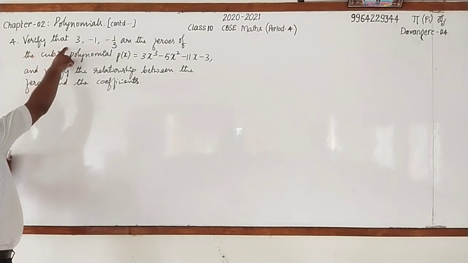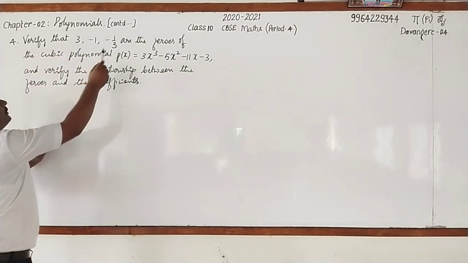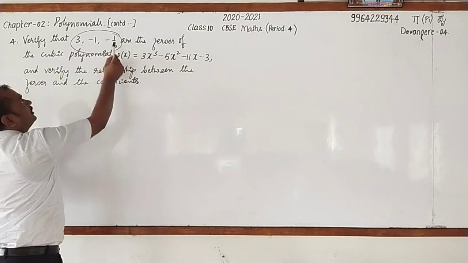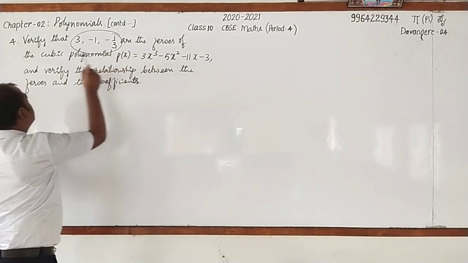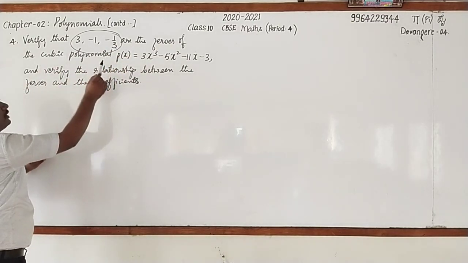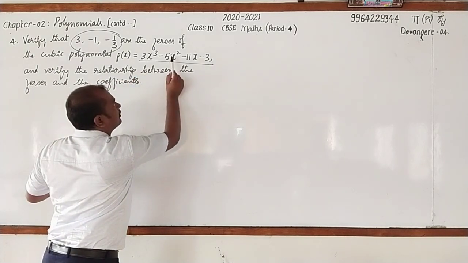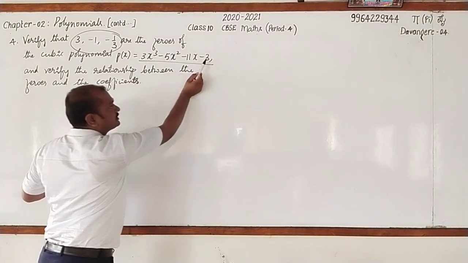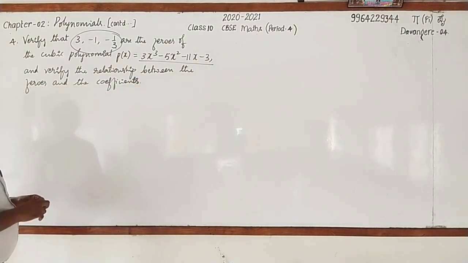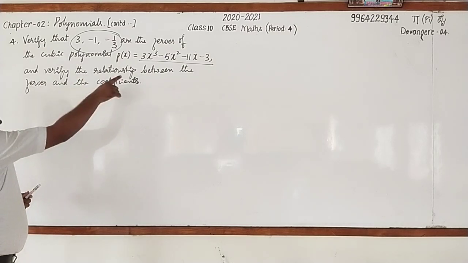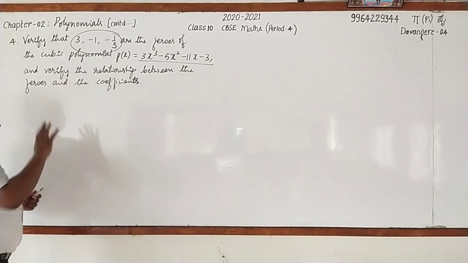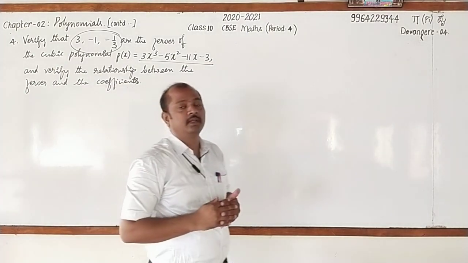Verify that 3, minus 1 and minus 1 by 3 are the zeros of the cubic polynomial 3x cube minus 5x square minus 11x minus 3. Then verify the relationship between the zeros and coefficients.